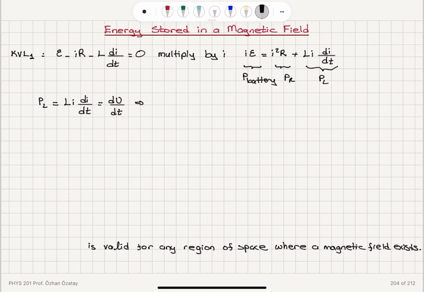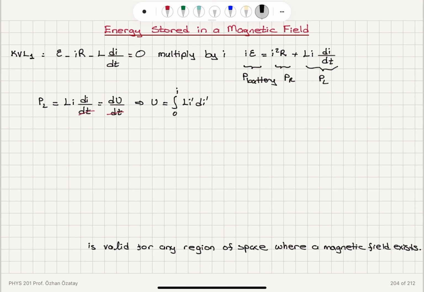Therefore, we see that the potential energy stored in the inductor is the integral, because the dt's, I don't need the time derivative here. If you get rid of these dt's, it will be integral from 0 to I, L I prime di prime.